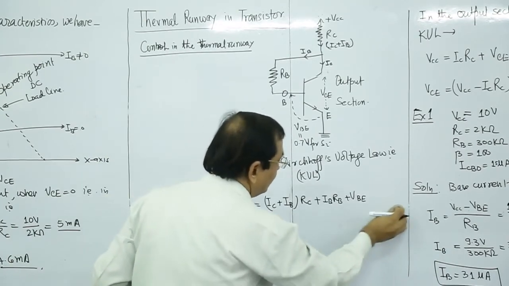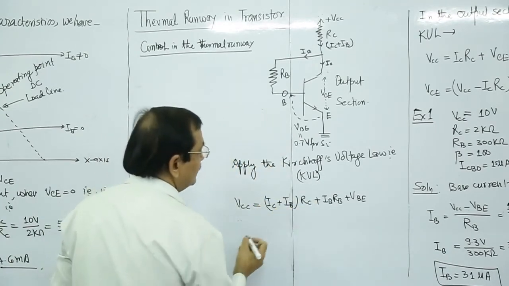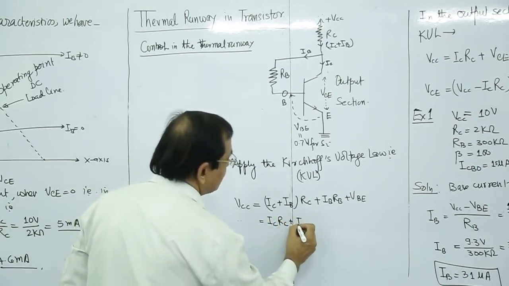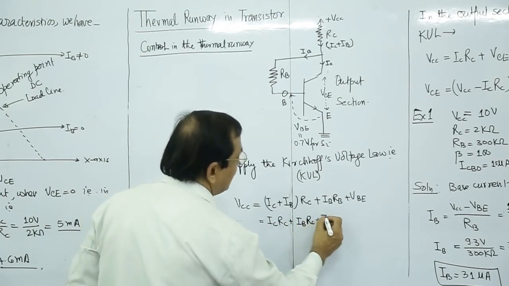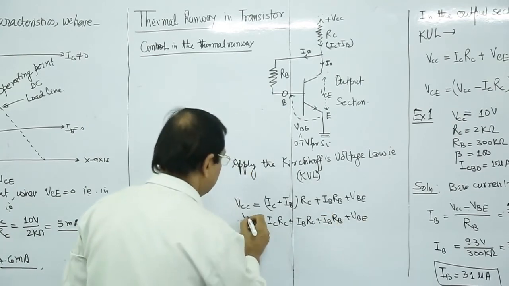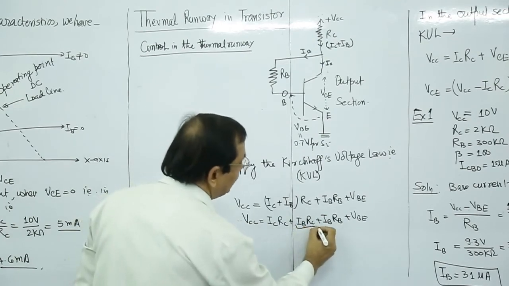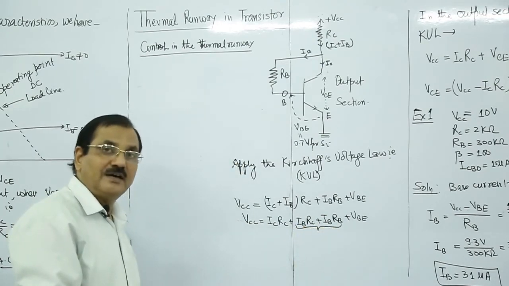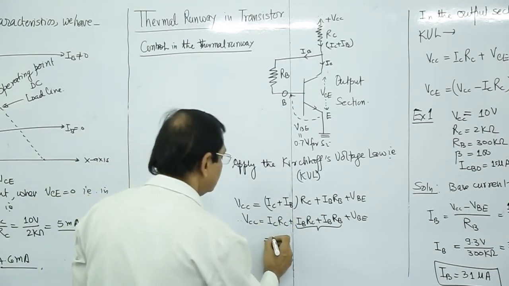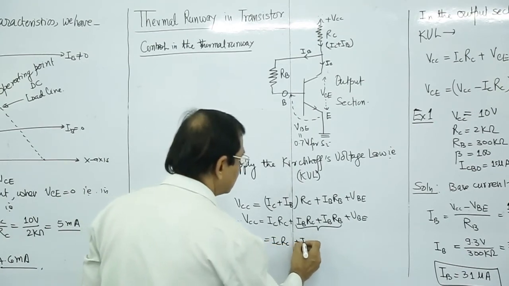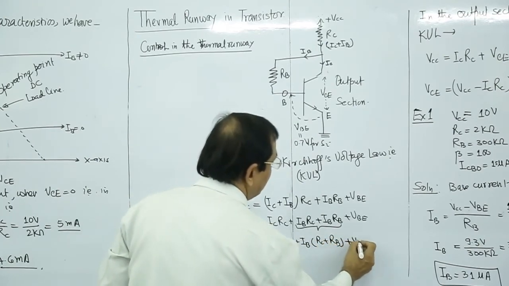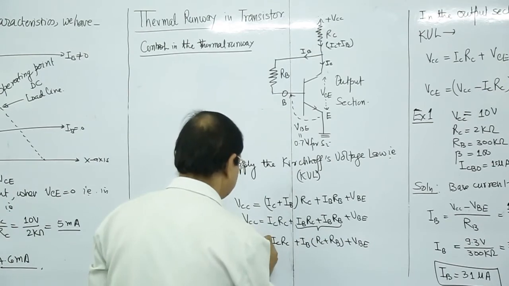So, what will happen in this case? We have IC RC plus IB RC plus IB RB plus VBE, and VBE is VCC. By combining these two components of the IB, we have IC RC plus IB (RC plus RB) plus VBE, that is VCC.